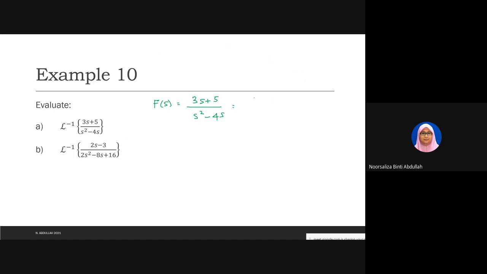If linear, then it will be 3S over S squared minus 4S plus 5 over S squared minus 4S. Correct? Then 3S over, we can take out this S, then S minus 4, then plus 5 over S squared minus 4S.